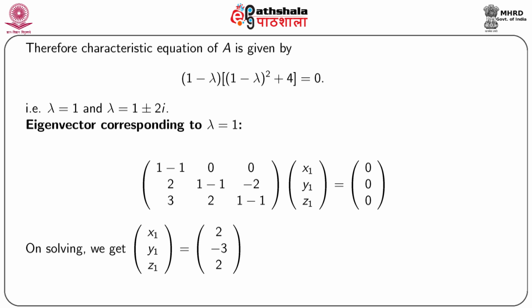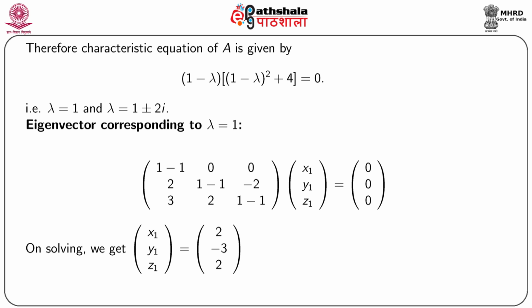Next, we need to find the eigenvectors corresponding to the eigenvalues lambda equal to 1 and lambda equal to 1 plus minus 2i. For lambda equal to 1, we get the eigenvector in the form (x1, y1, z1), where this vector has to be a non-zero vector, and it is obtained from the equation (A minus lambda I) V equal to the null matrix, where V is the corresponding eigenvector.